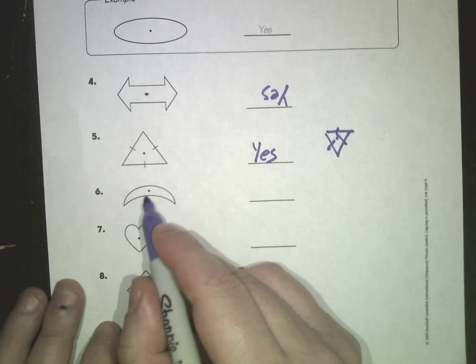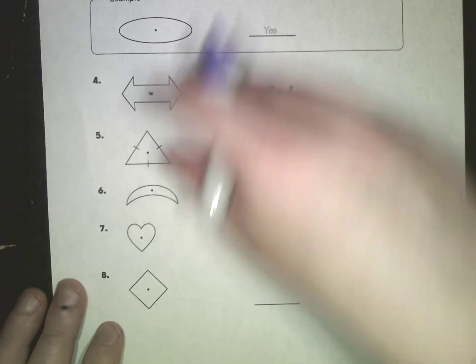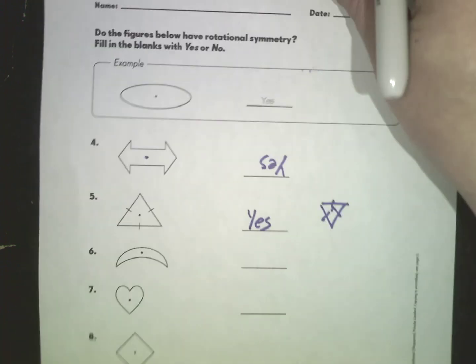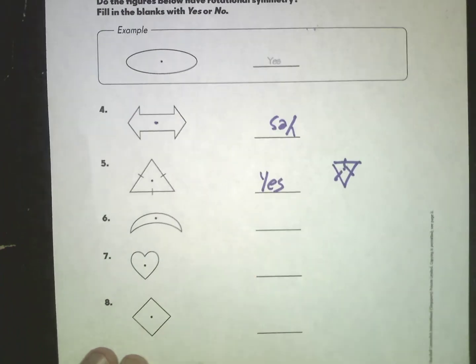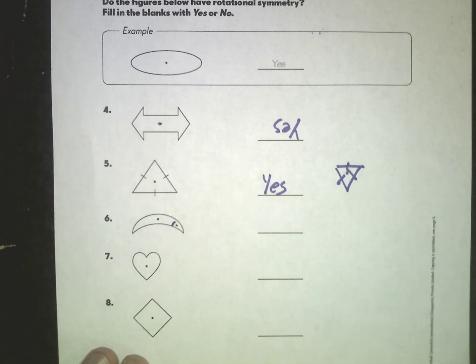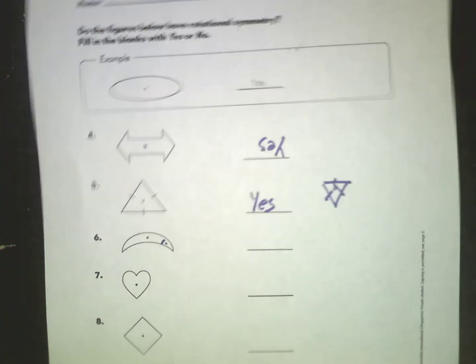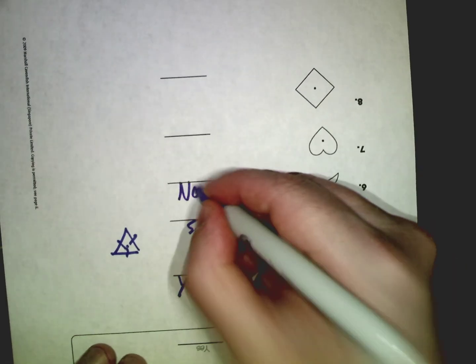Next one. This one is like a crescent moon shaped thing. If I turn it 180 degrees, I take the paper, look how it's going. See how the banana looks like it's looking down? I put a face on it. He's looking down. I turn the page 180 degrees. The banana, he's looking up. So no, upside down.